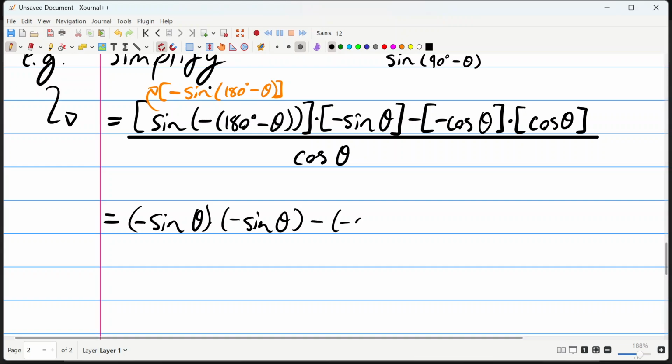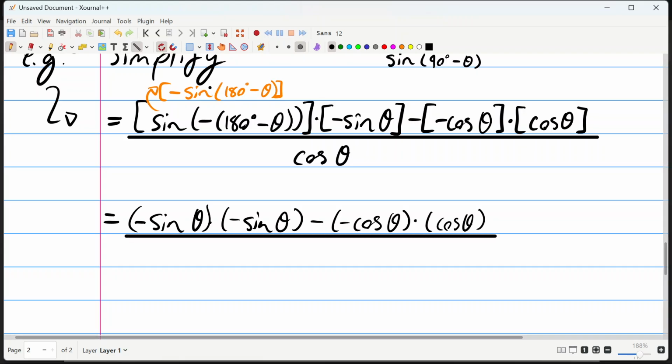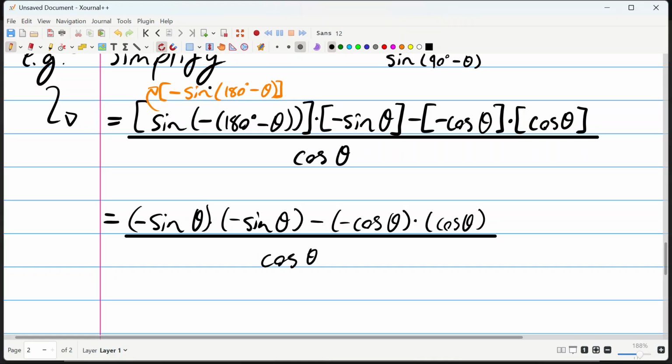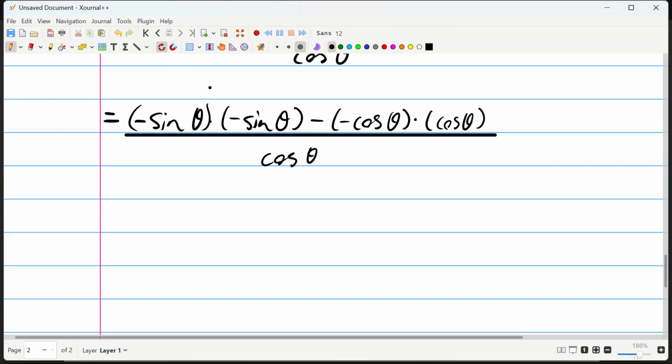minus negative cos theta, and then we'll multiply it by positive cos theta, okay? And this is all divided by cos theta. And then if we were to simplify it further, notice that the negatives will cancel out, because a negative times a negative gives you a positive, and then these negatives will also cancel out, and then it'll give you a positive, right?